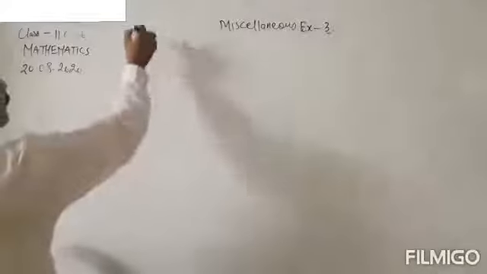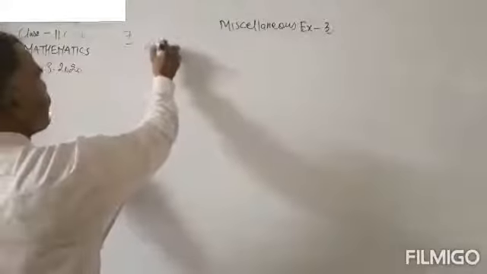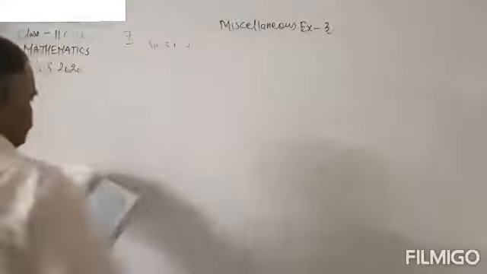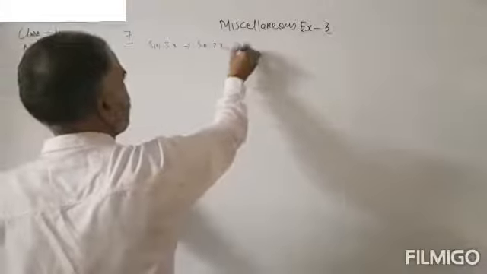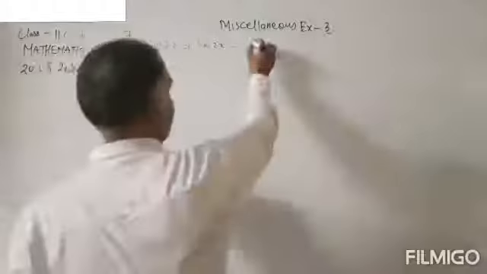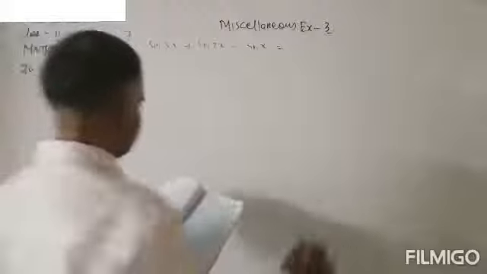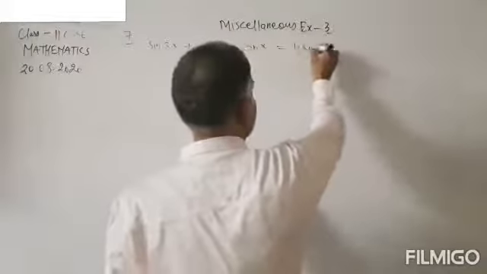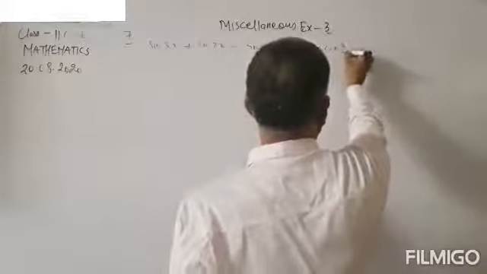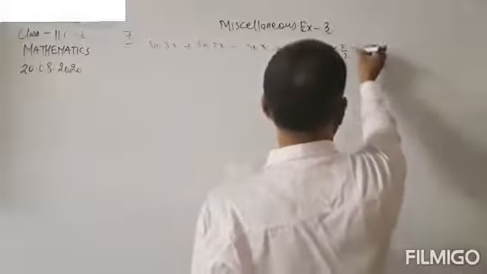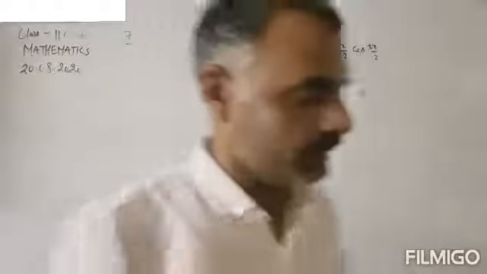Question number 7 is sin 3x plus sin 2x minus sin x is equal to 4 sin x cos of x by 2 cos of 3x by 2. This is question number 7.